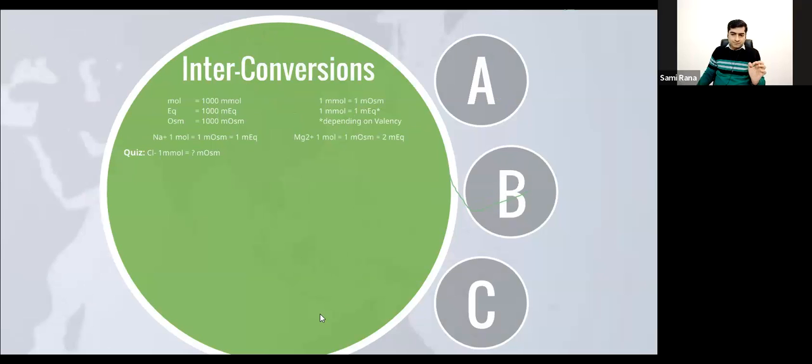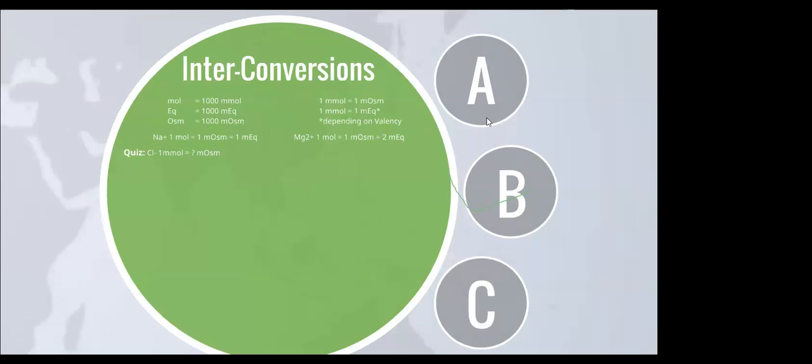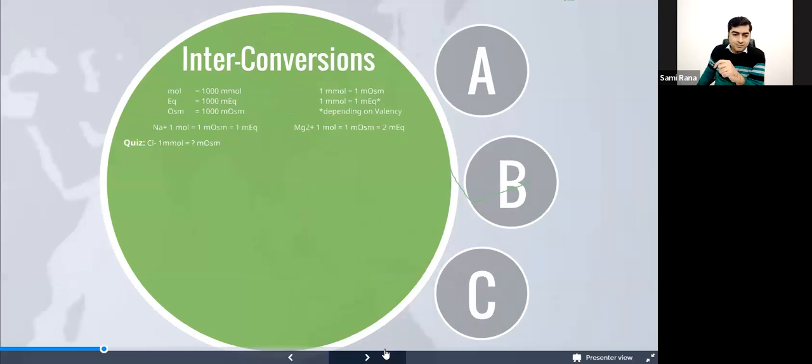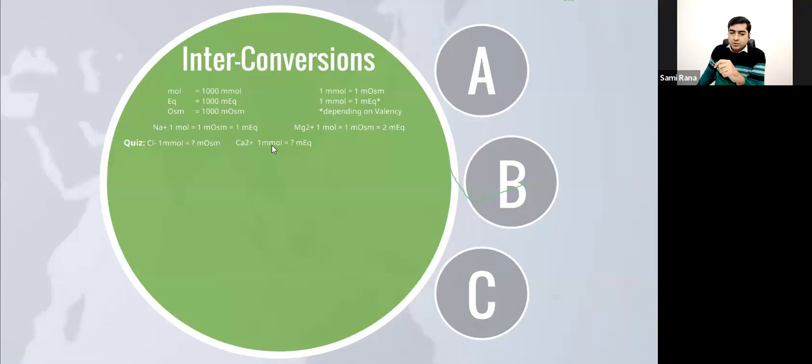Yes, perfect. Why? Because the relationship between millimoles and milliosmoles is always the same. Well done. Okay, the next question is about calcium. Calcium has a valency of 2, so 1 millimole is going to be how many milliequivalents? 2, very good. 2 MEQ, excellent.